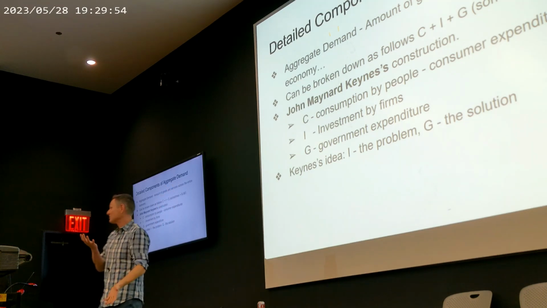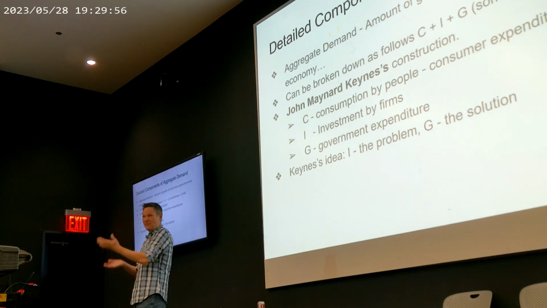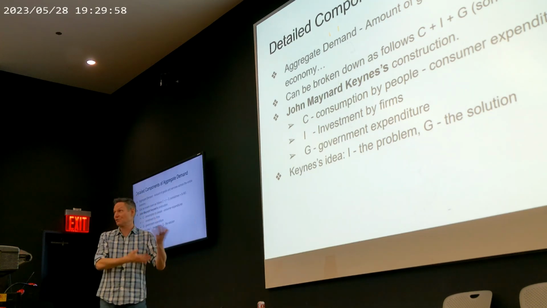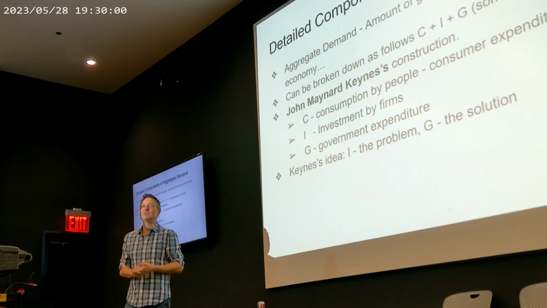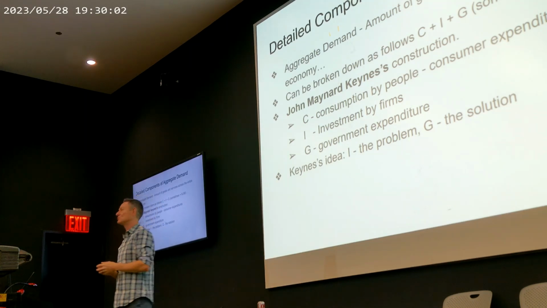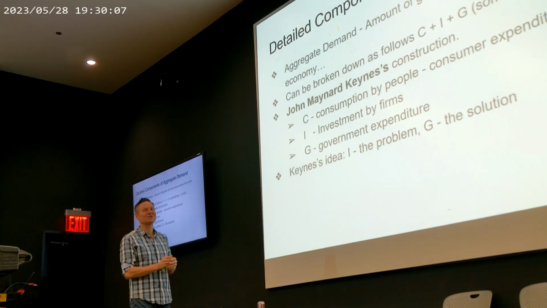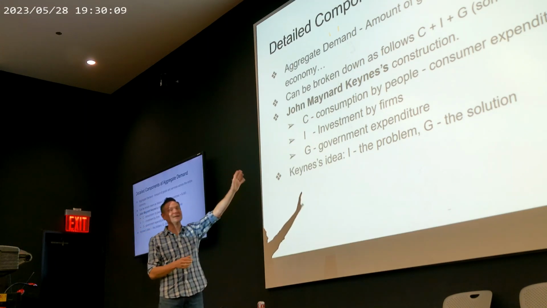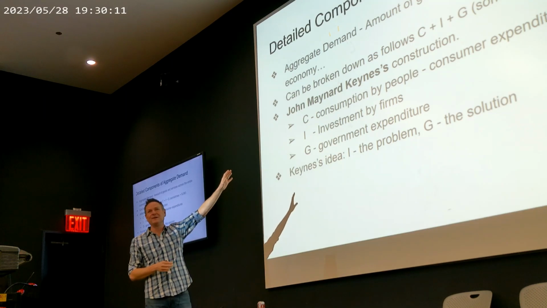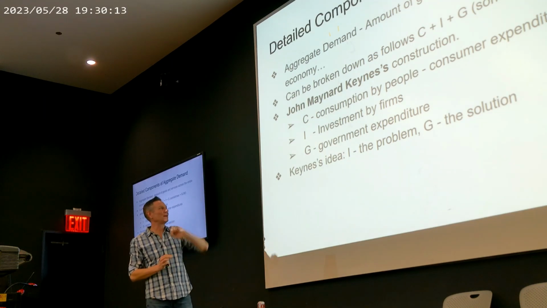Sometimes you add in an international sector, and that's a gateway to thinking about international macroeconomics, which you would take in a course in trade, Eco 340, or international finance, Eco 341. But we're going to just typically assume that C plus I plus G is all we need.